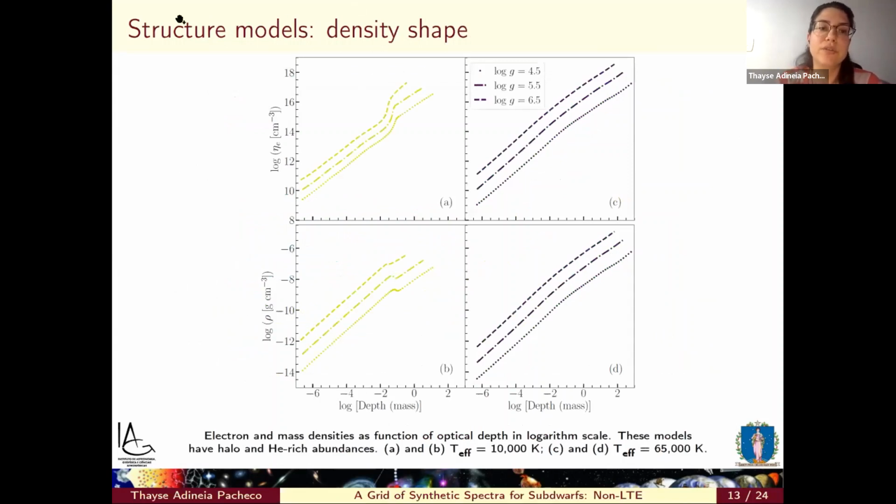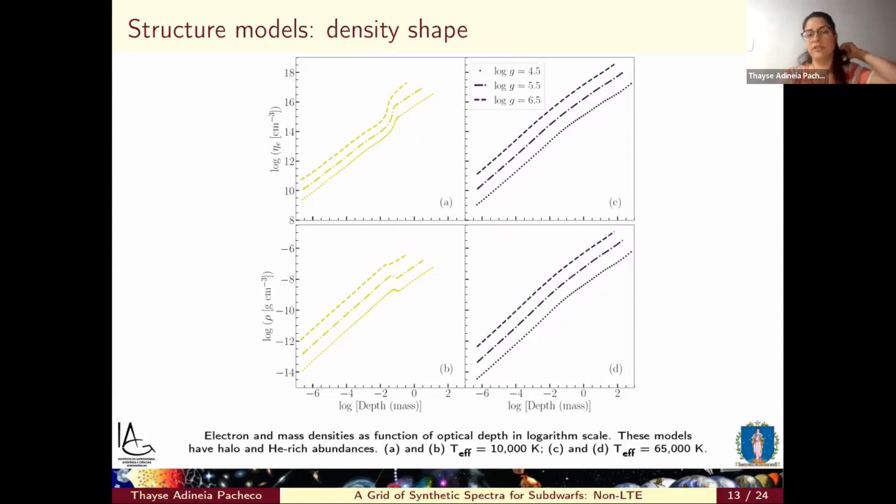Here I'm showing some density shapes of the atmosphere structure. In the upper panel, we have the electron density, and in the bottom, the mass density. This is the 10,000 Kelvin model. We can see this little oscillation here, which is due to the convection zone in the atmosphere.